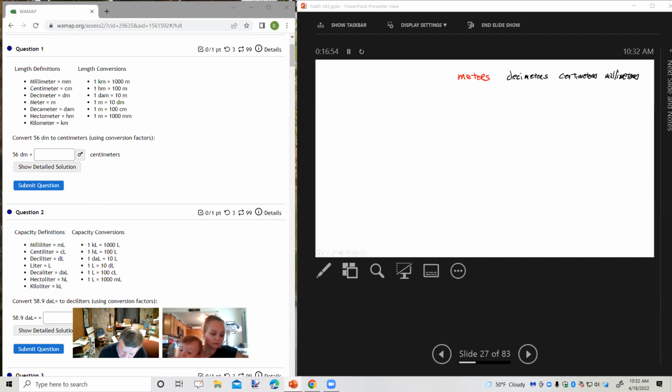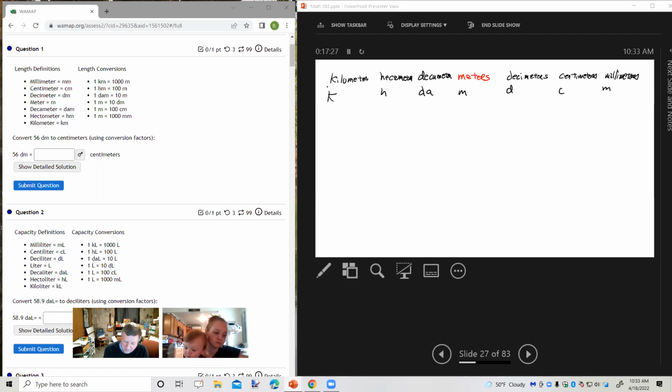The abbreviations for deci, centi, and milli are d, c, and m. The abbreviation for meters is m. Going to the left, we have decameter, hectometer, and kilometer. The abbreviations are k, h, and da.